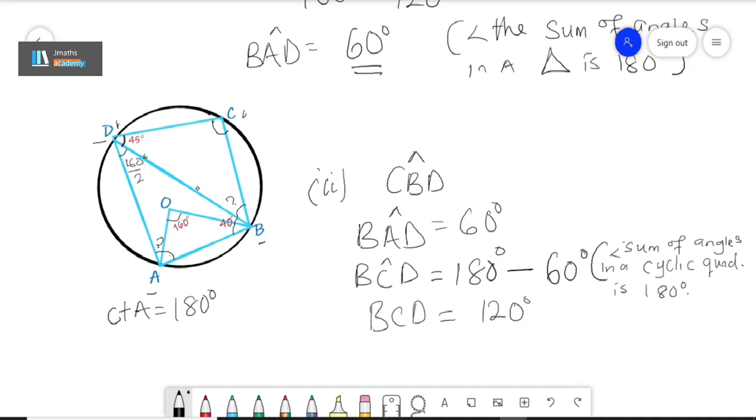In order for us to find the angle CBD, we have here 120 degrees. The sum of angles in a triangle is equal to 180 degrees.